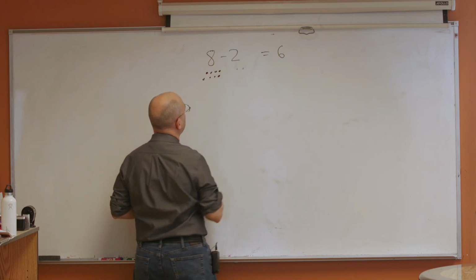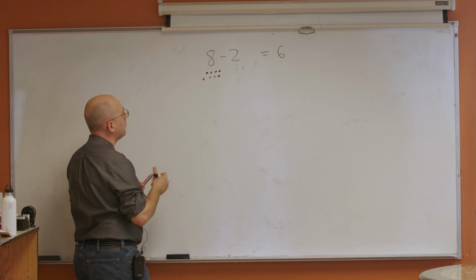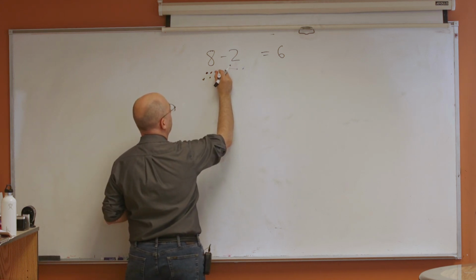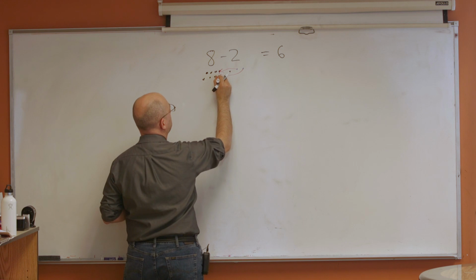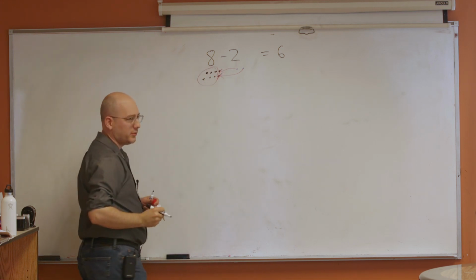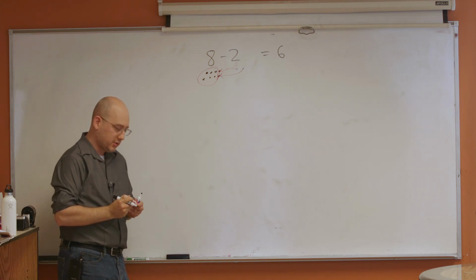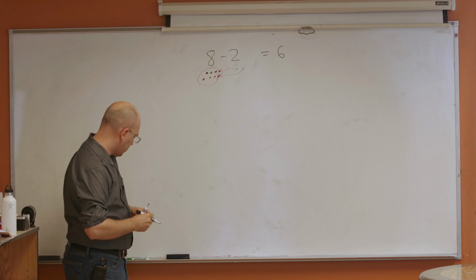Maybe 2 dots over here. And then you can connect them up, cross it out, and then you count what's left, and that's 6. So that's fundamentally what subtraction means. It's removing stuff from the pile.